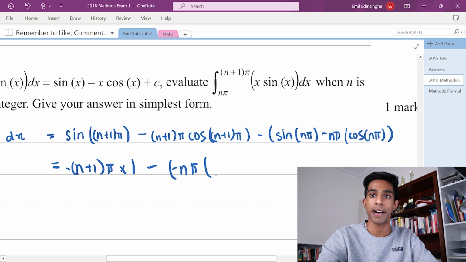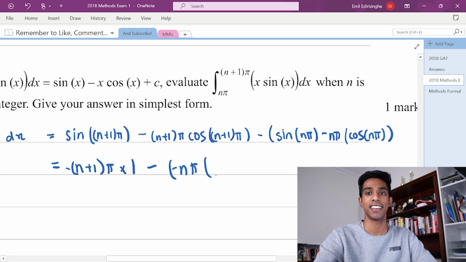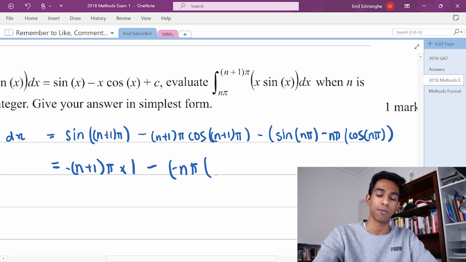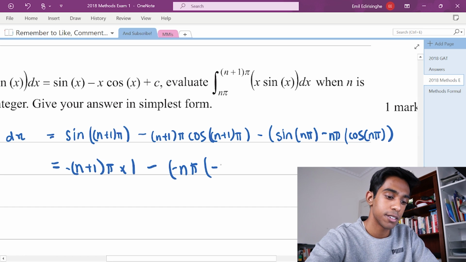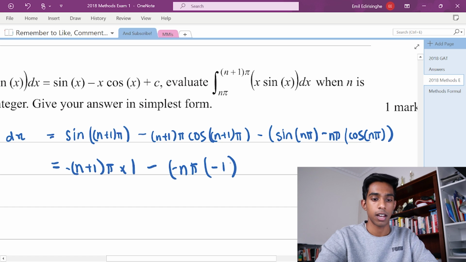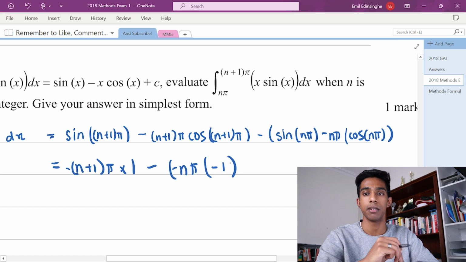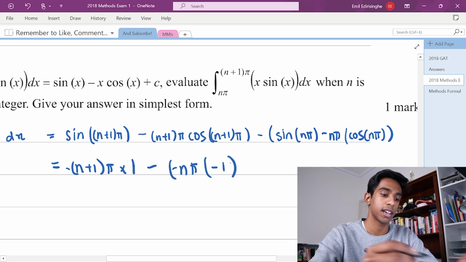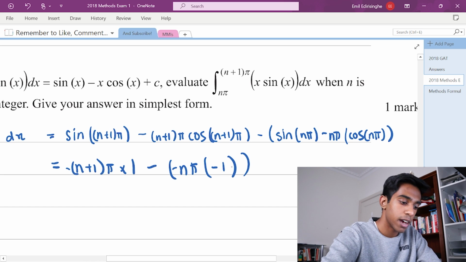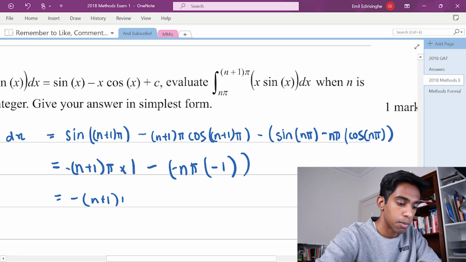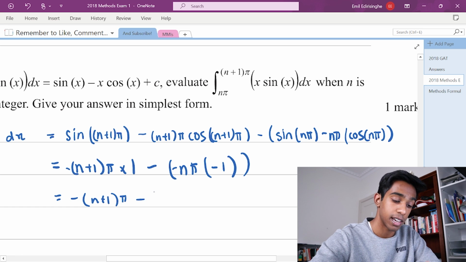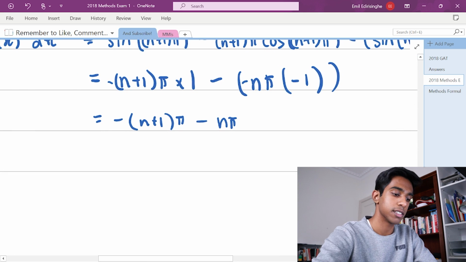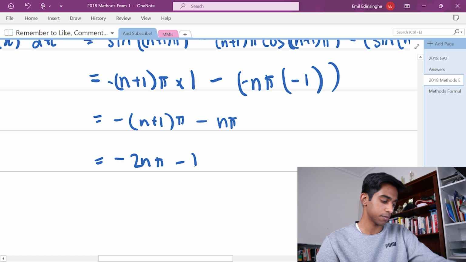And then cos of n pi, if n is odd, is going to be negative 1, because that's going to be like cos of 1 pi, cos of 3 pi, cos of 5 pi. So now we get negative (n plus 1) pi minus, and it's actually going to be minus here, minus n pi. And then that gives us our final answer, which is negative (2n plus 1) pi.